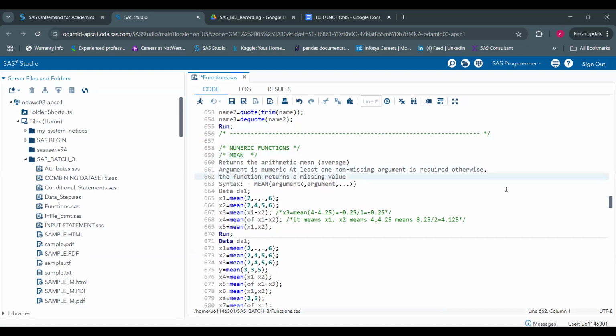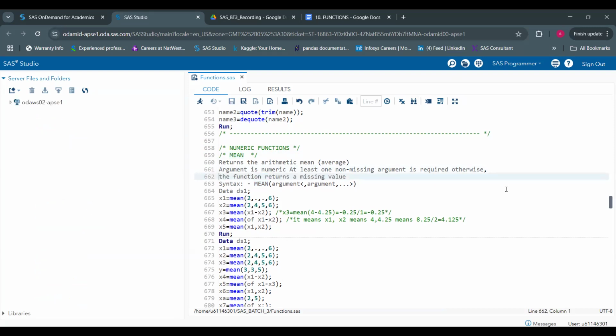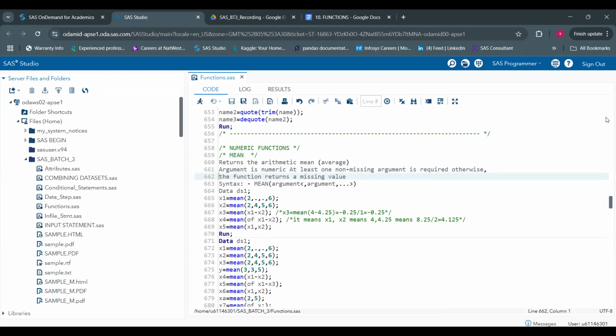So mean is something that will just give you the average of a few arguments, the average of a few numbers. In SAS, mean returns the arithmetic mean, which means the average of numbers. The argument is numeric.